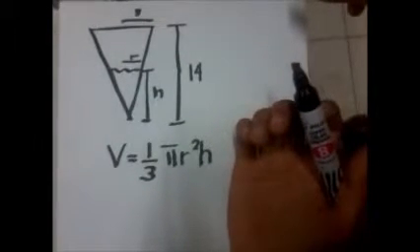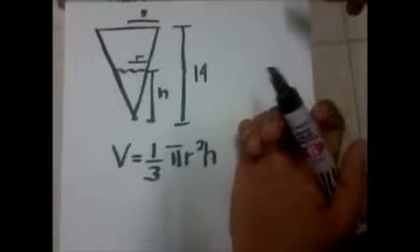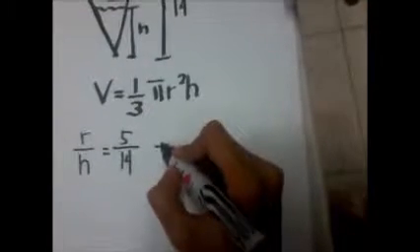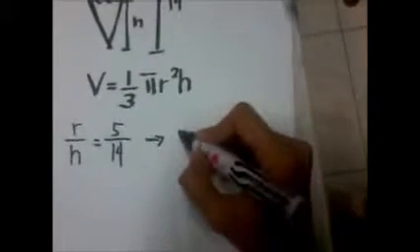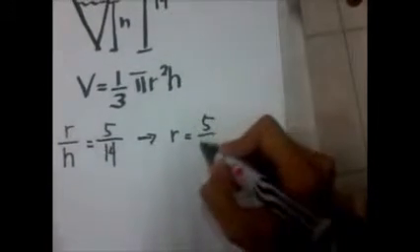When we have two similar triangles, then ratios of any two sides will be equal. For our set, this means that r over h is equal to 5, the radius of the tank, over 14, the height of the tank. So we need to find r. So r is equal to 5/14 h.